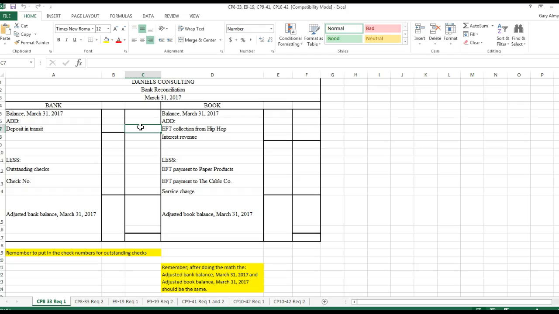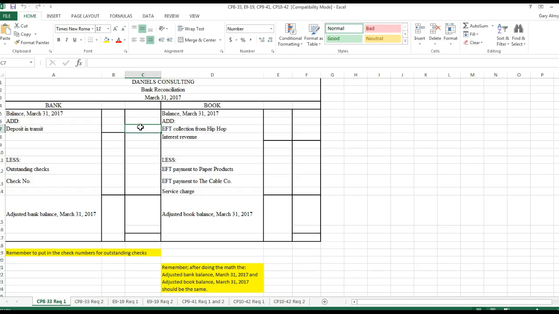So the bank statement's not going to reflect the deposit that's shown on the book side, because the business made their deposit and recorded it in their books, but the bank statement already went out. So the bank doesn't reflect that particular deposit. In order to determine what your deposits in transit are, you want to take a look for any deposits in that cash T account that are not on the bank statement.